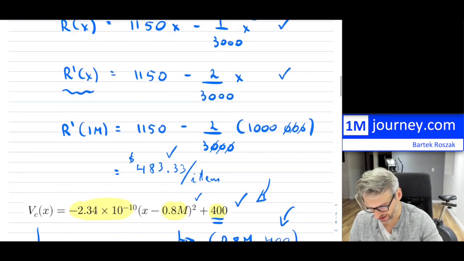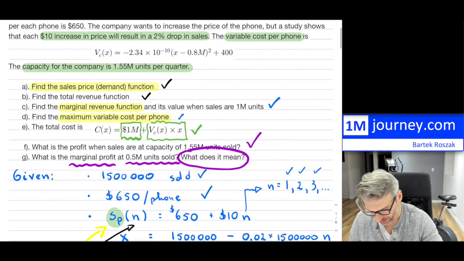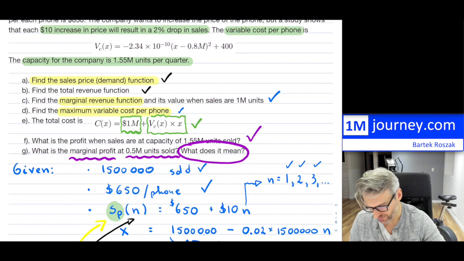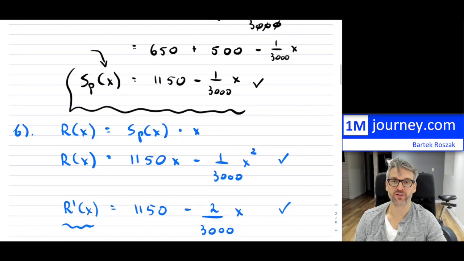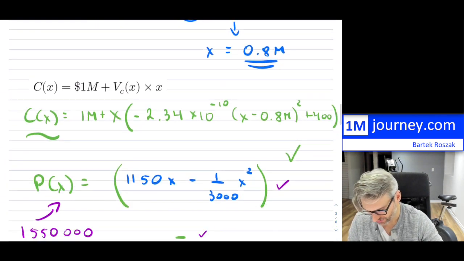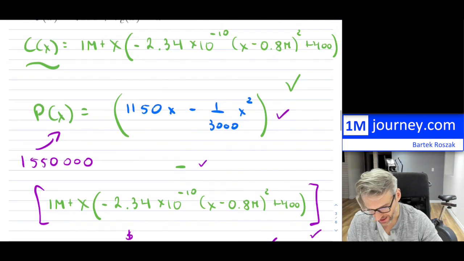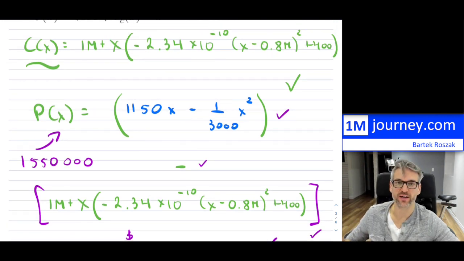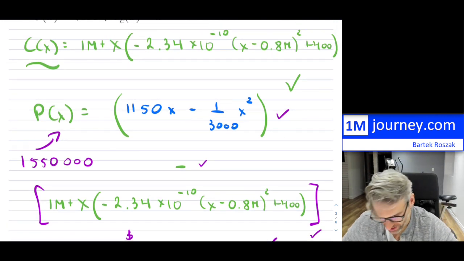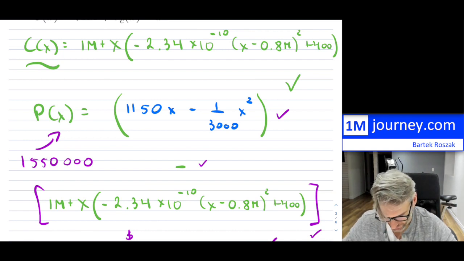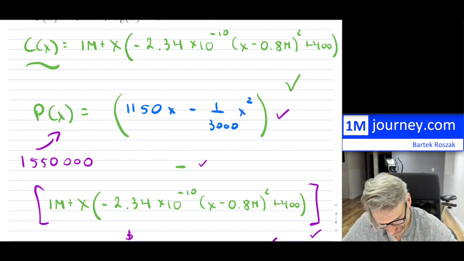We'll be substituting at 0.5, so at 500,000 units. For that one, again, let me do that in fast forward fashion for you. I'm going to take the derivatives of those and then see what happens.